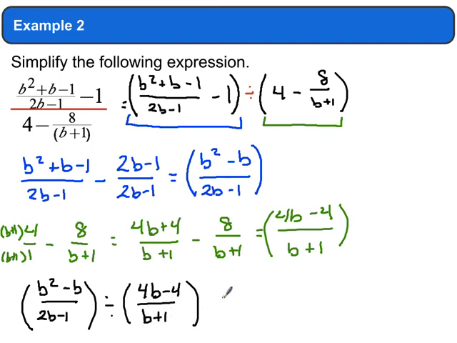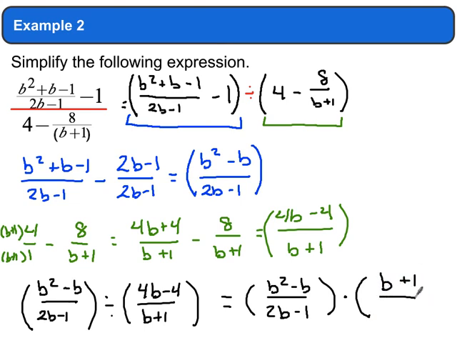But remember, that's equivalent to saying this, b squared minus b over 2b minus 1, and we're going to multiply that by the reciprocal, b plus 1 over 4b minus 4.